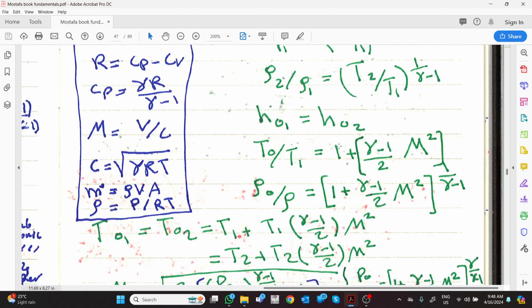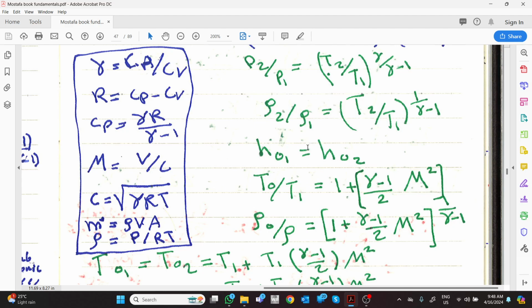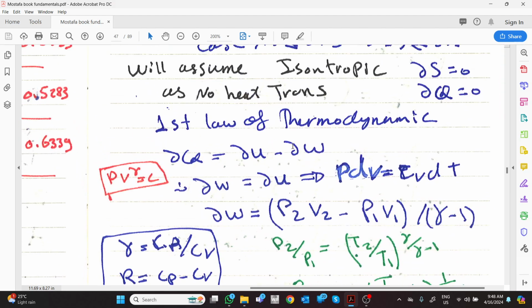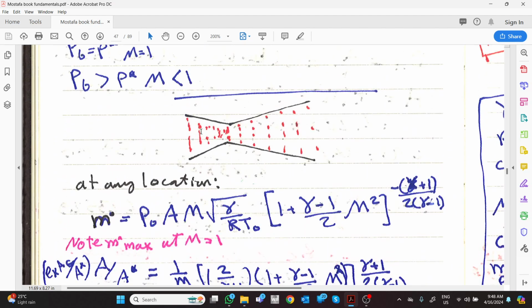Also, you need to understand the stagnation enthalpy. Assume you have any container, and this point with all of its energy is let go to rest, to zero velocity, very slowly, which means there is no friction, nothing, so it will reach a stagnation condition.